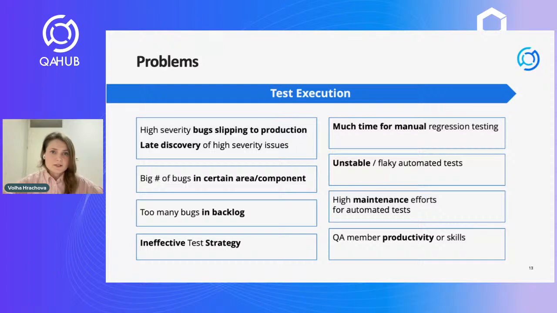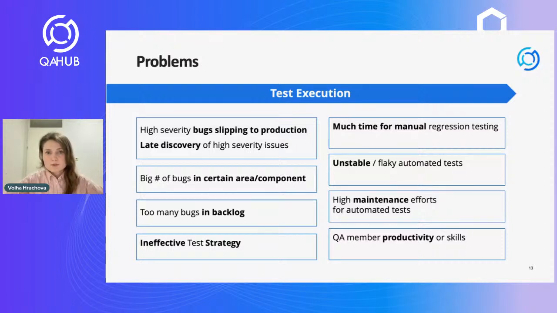And we have to spend a lot of time to maintain those test cases, to review the analysis and understand whether it's a test issue or a real bug, and it costs time. And one more issue is QA member productivity or skill level. We have different projects. Sometimes the environment is quite rapid, and we need to provide a certain level of productivity, and it can be an issue for the project.